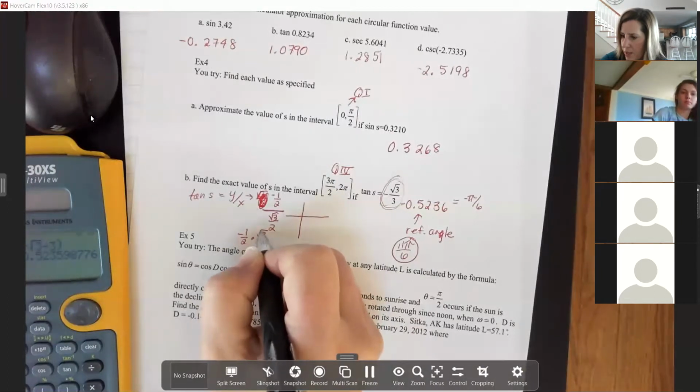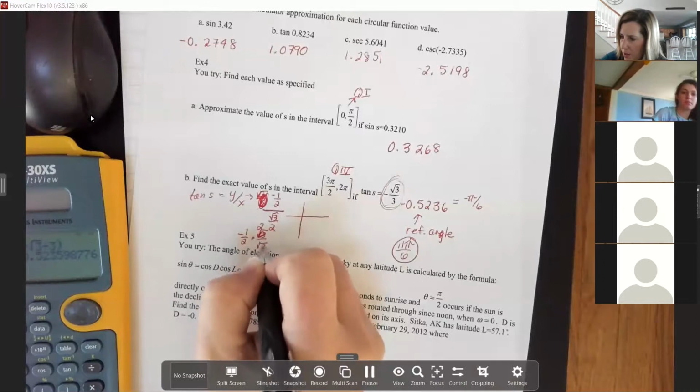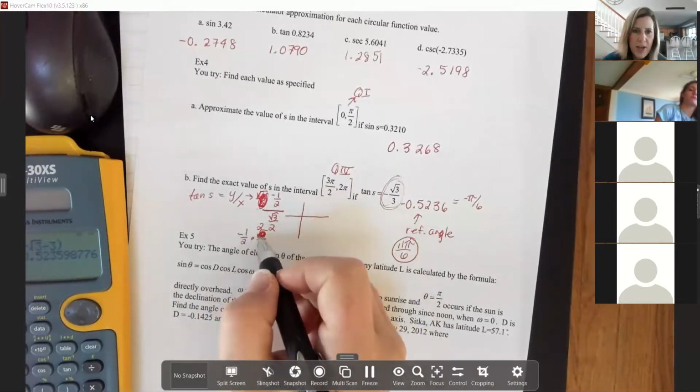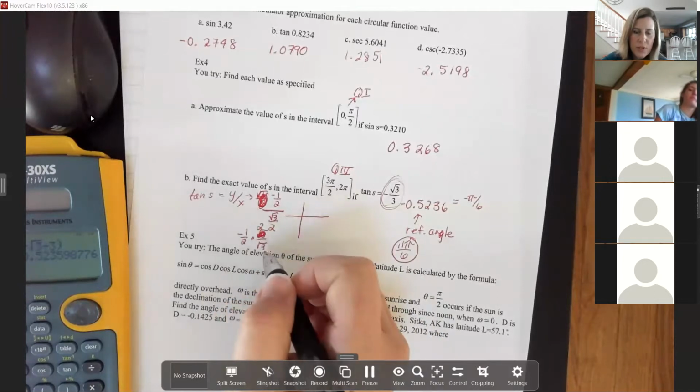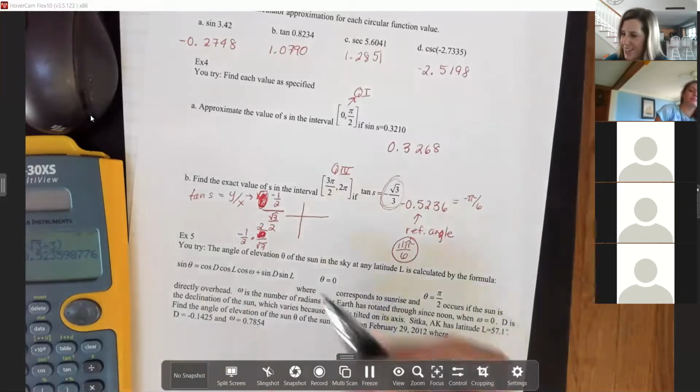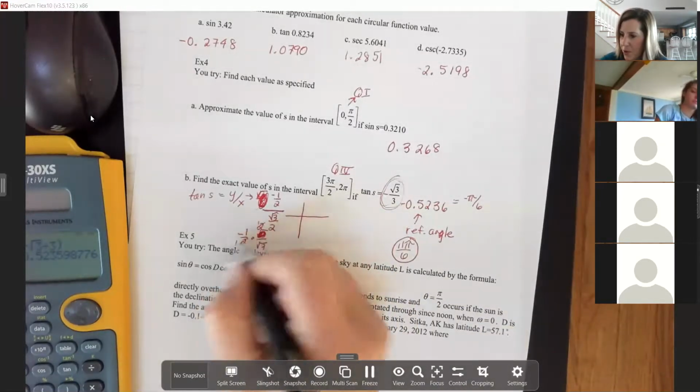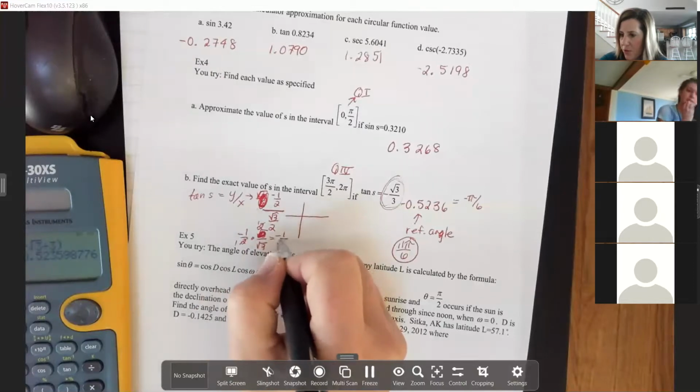Oh, whoops, didn't flip it. All right, so it becomes negative 1/2 times 2 over root 3. I should really do this in pencil. See why I have you guys do it in pencil? When I'm doing it at the board, I can erase it easily. All right, so the 2's would cancel, right? You'd be left with negative 1 over root 3.